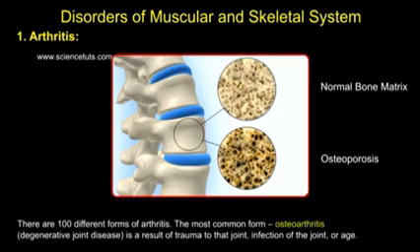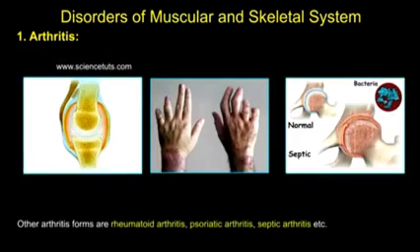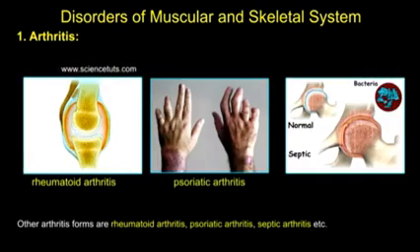There are 100 different forms of arthritis. The most common form, osteoarthritis, a degenerative joint disease, is a result of trauma to the joint, infection of the joint, or age. Other forms are rheumatoid arthritis, psoriatic arthritis, septic arthritis, etc.